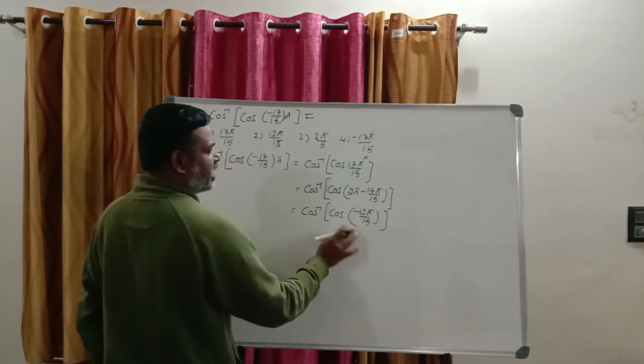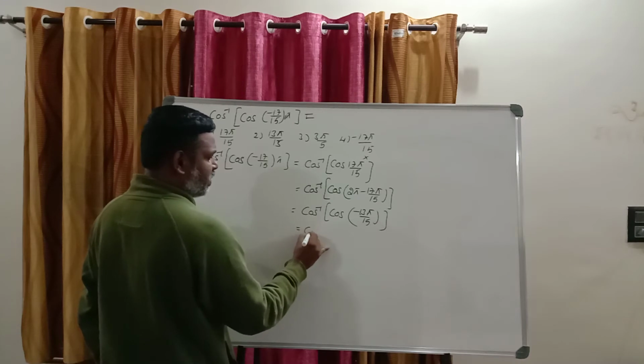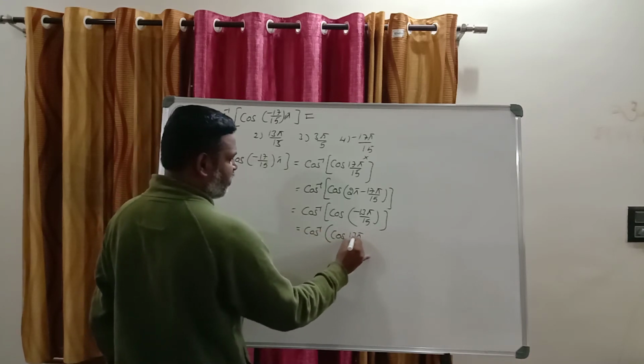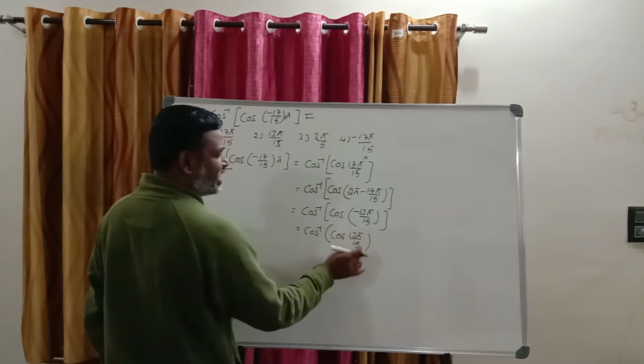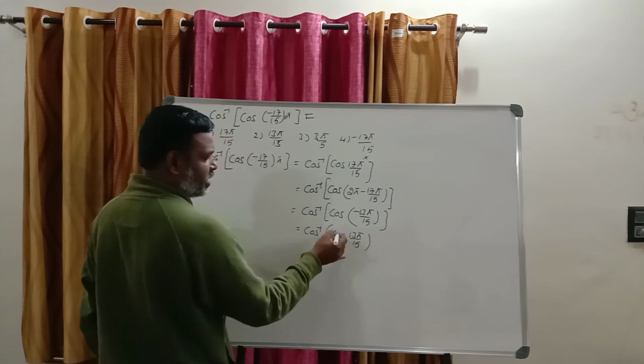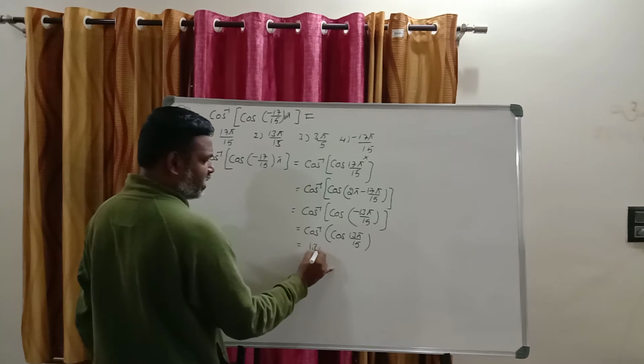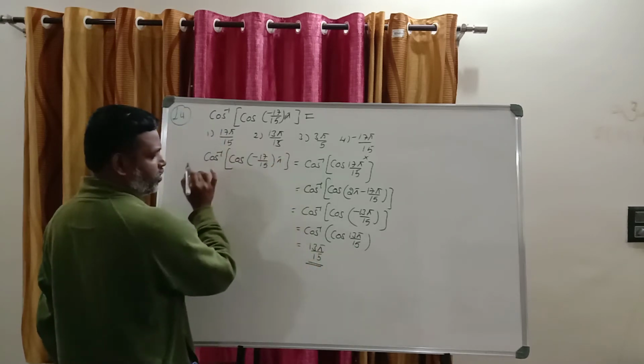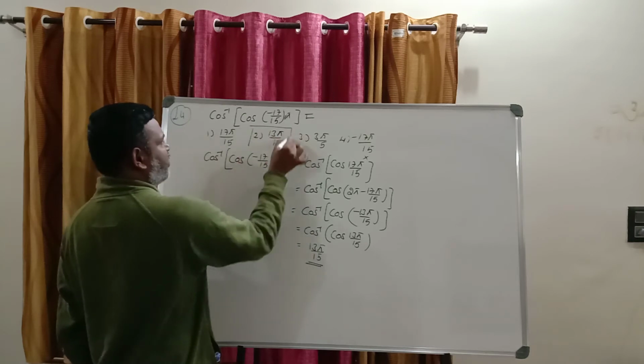Again cos of minus theta is plus cos theta, so that becomes cos inverse of cos 13 pi by 15. Now it is within the range 0 to 180, so these two get cancelled, and we get 13 pi divided by 15. So it is very easy.